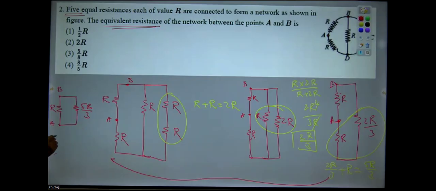So we need to find out what is the equivalent resistance. So our final answer RAB is this. It is R1 R2 by R1 plus R2 of these two. That is R into 5R by 3 by R plus 5R by 3.